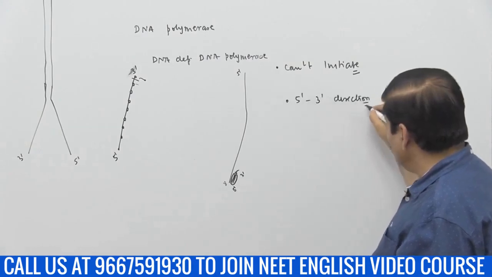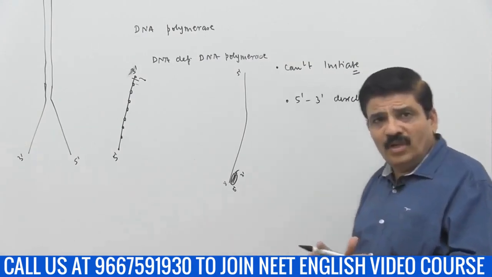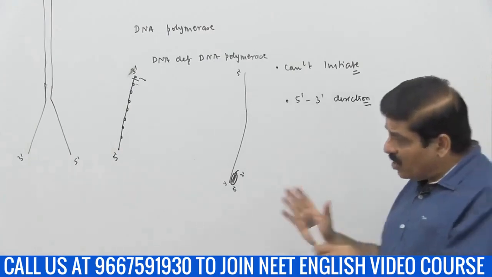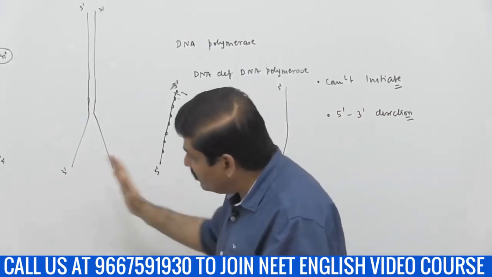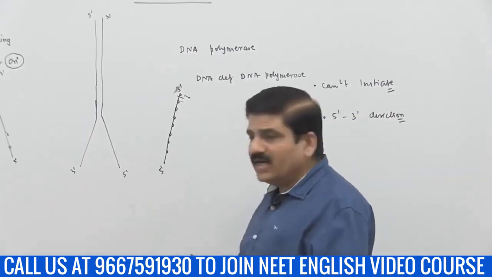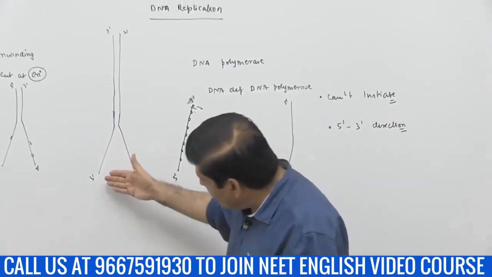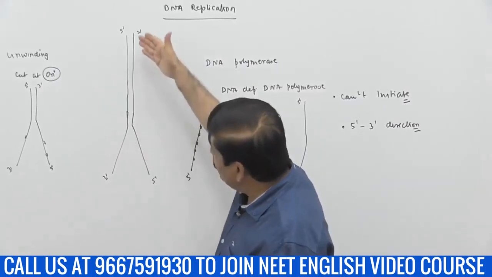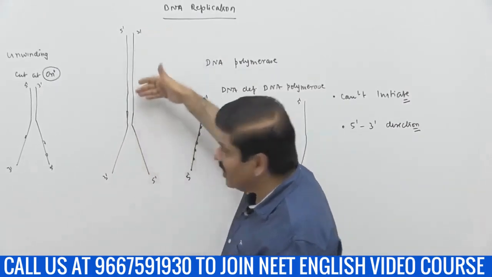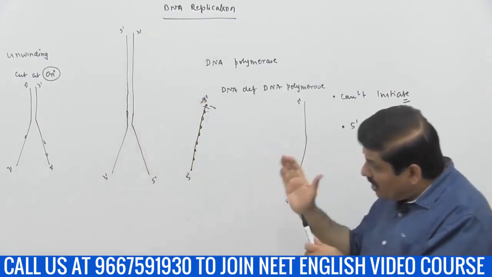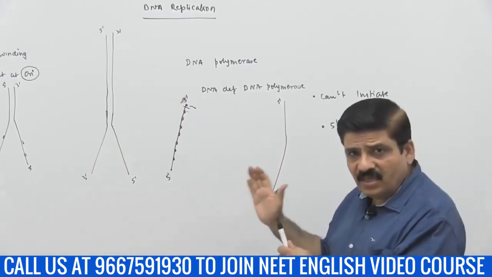Now this poses a very unique problem in DNA replication, because both strands of the DNA have to be replicated. One has opened in 3' to 5' direction, the other has opened in 5' to 3' direction. So there would be some complexity here.